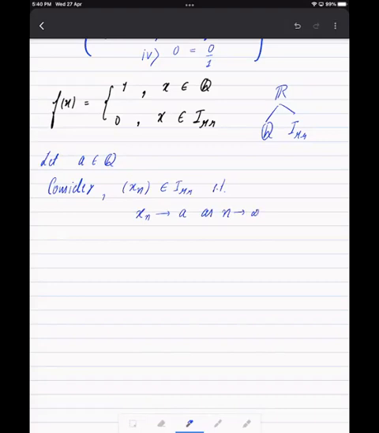What is the reason I'm always able to find an irrational sequence that converges to a rational number? Is it always possible? Say I give you a rational number 2 by 3. You tell me a sequence whose terms are all irrational and still converges to 2 by 3.